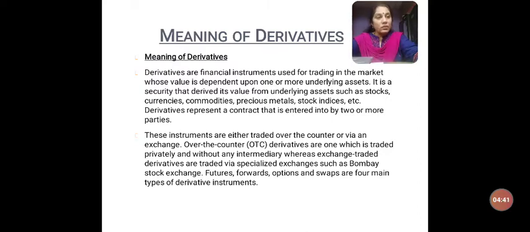So derivatives can be traded over the counter or through specialized exchanges which act as intermediaries. There are four types of derivative instruments. They are futures, forwards, options, and swaps. These are the four important derivative instruments.